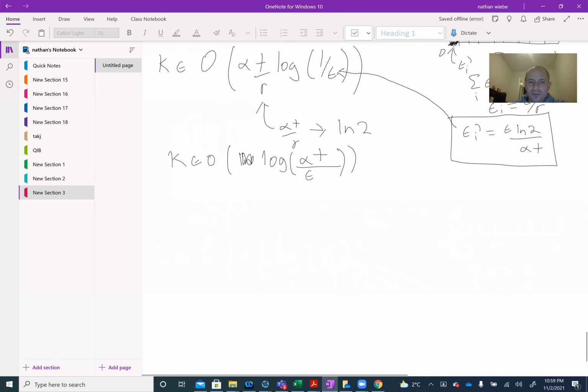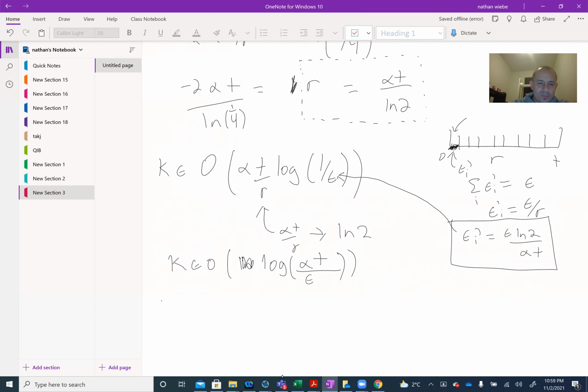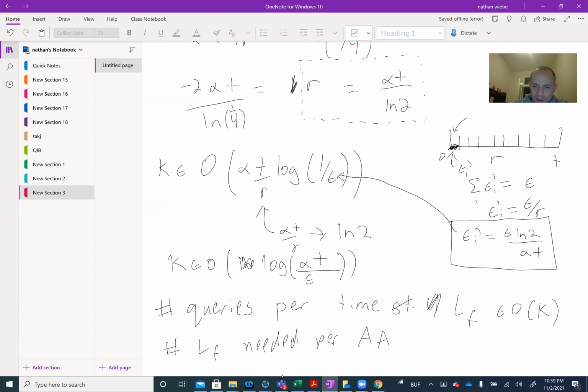So the total number of queries that we end up needing per time step, or per LF, which is the block encoded function that we're taking a look at, is order k. The number of LF needed per amplitude amplification step is order 1. Now, why is that?